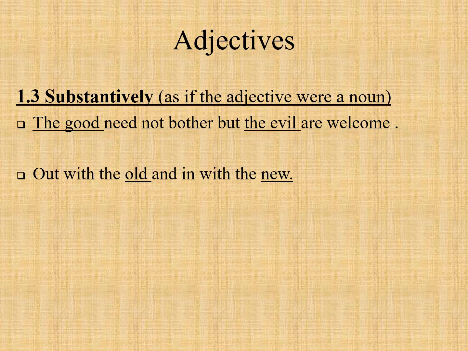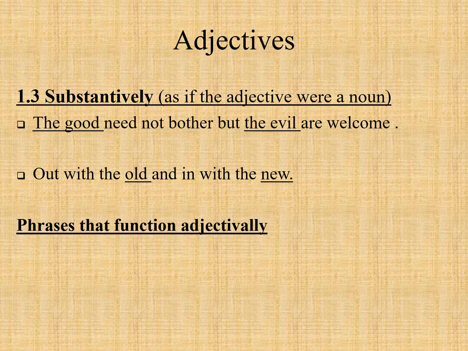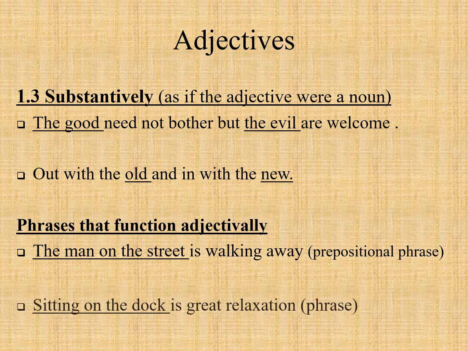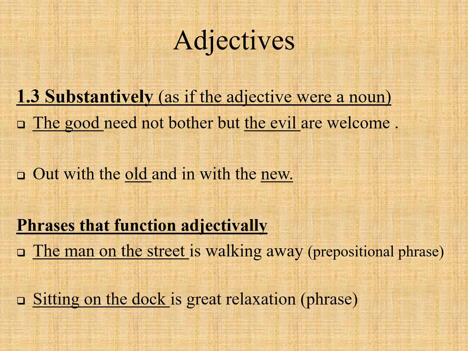Another example: out with the old and in with the new. Then we also have some phrases that function adjectively. The man on the street is walking away. The man on the street is a prepositional phrase, and sitting on the dock is great relaxation.